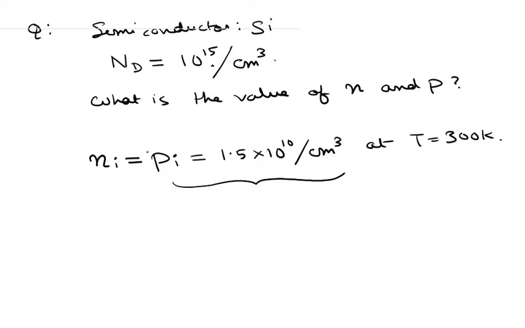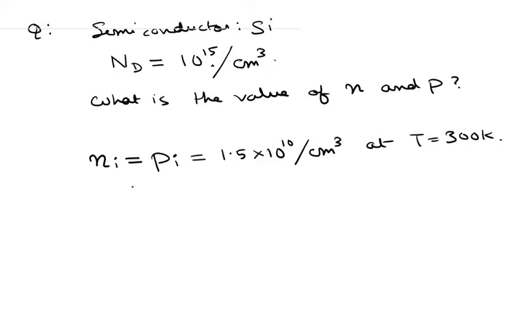So the intrinsic electron and hole concentration are basically a property of the semiconductor itself. This is never going to change. This is just dependent on the temperature. Now you may ask why the intrinsic electron and hole concentration will change when I change the temperature. The answer is that as we increase temperature, the thermal energy increases.